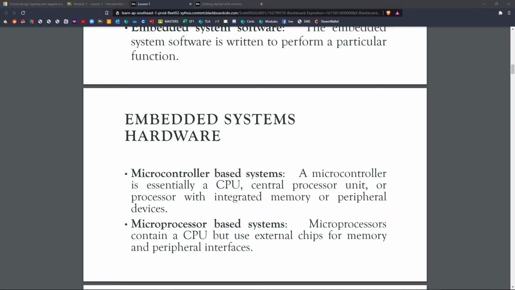It is a microprocessor-based system. So you can easily differentiate microcontroller-based systems from microprocessor-based systems. Microcontroller-based systems usually focus on a particular task. Meanwhile, microprocessor-based systems can usually multitask a couple of subroutines or tasks.